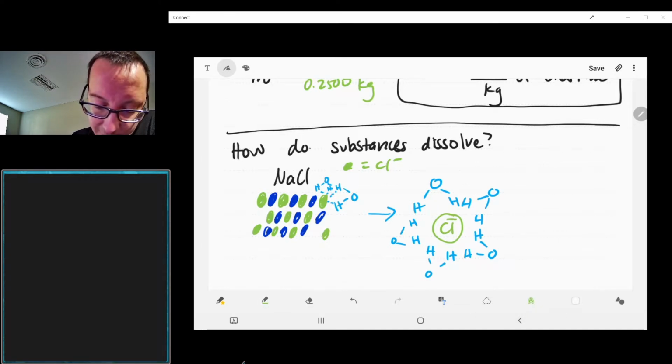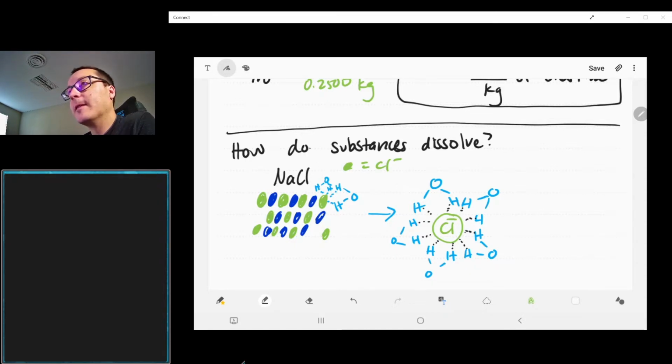You've got our negative chloride, and we're going to see we have all these lovely interactions happening between the partially positive hydrogens and the negative chlorine ion. And as you can see, depending on how many water molecules are surrounding, I've put 5 here, but oftentimes you'll see 6. And so we're forming 10 different little bonds here between the partially positive hydrogen and the fully negative chlorine.